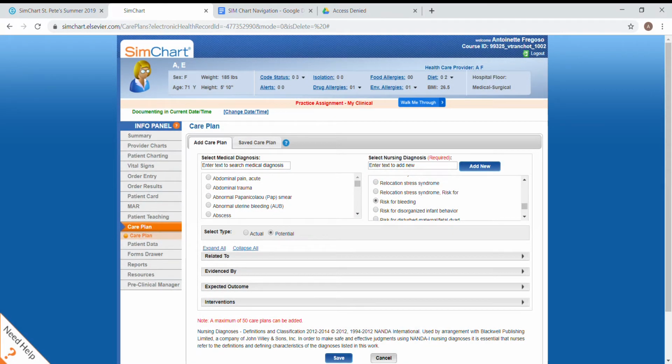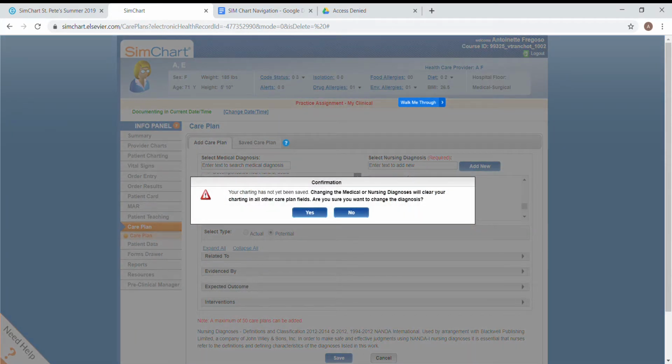Now, bear with me, it's kind of hard when I don't have my other screen up here. Deep vein thrombosis.